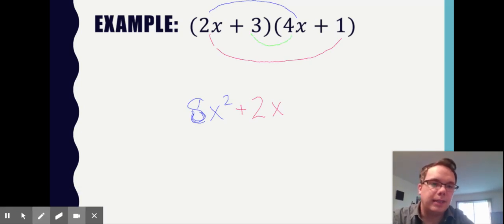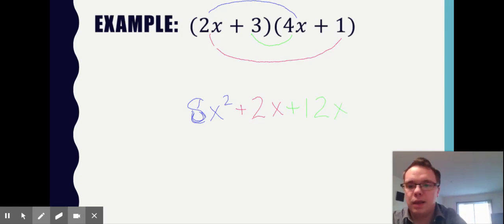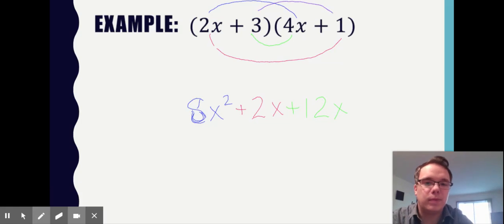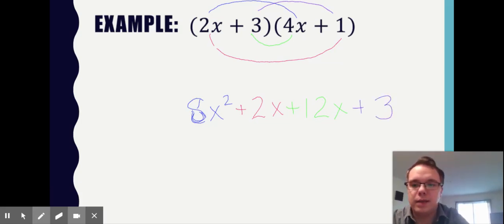They're on the inside of the problem. So 3 times 4x is 12x. And L in FOIL stands for last. So 3 times 1 is 3. And then we combine our like terms to write our answer.